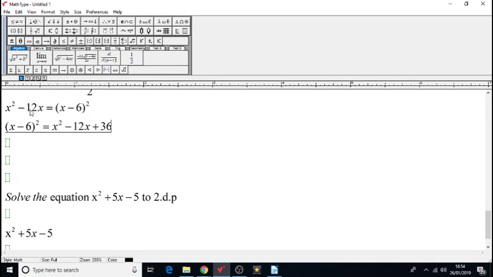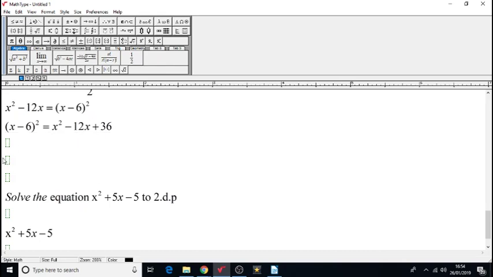Because we need to make the initial bracket match x squared minus 12x, we need to make sure that this matches that. To get x squared minus 12x, we simply subtract 36.